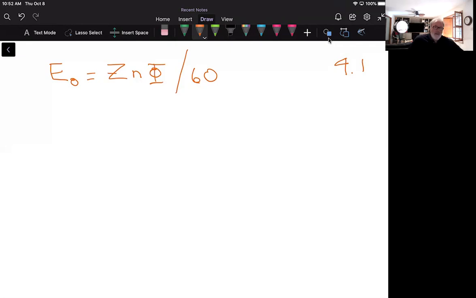So at that point, what we can really say is that the armature voltage, E sub O, is practically equal to the source voltage.